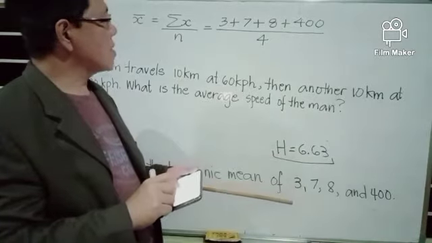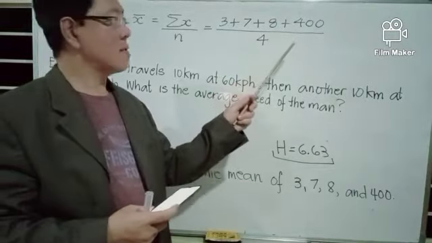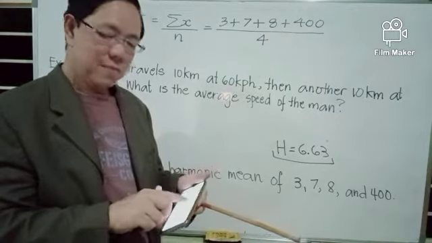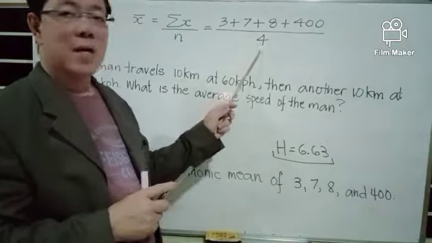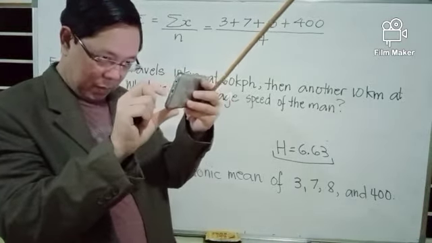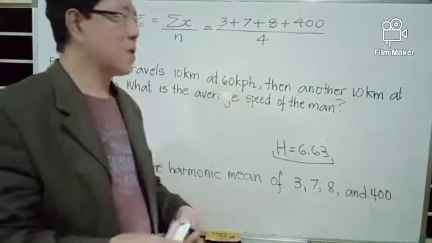We have 3 plus 7 is 10, plus 8 is 18, plus 400 is 418. And we divide 418 by 4, which equals 104.5.